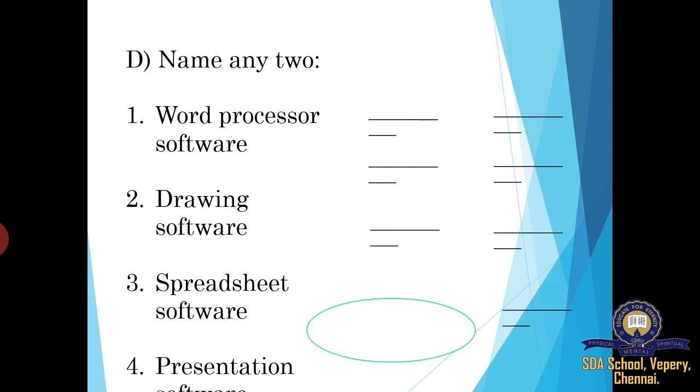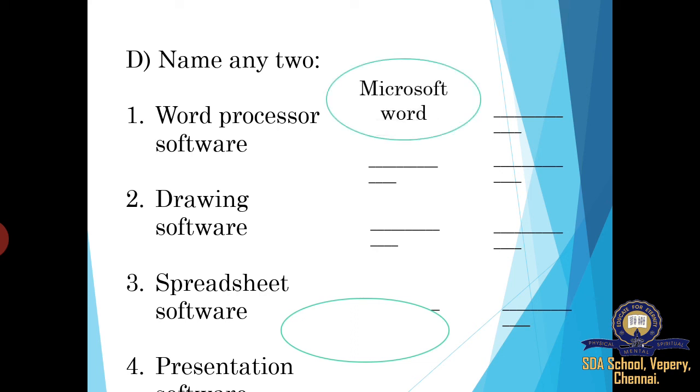Next is name any two. Name any two software. A word processor software: Microsoft Word, OpenOffice Writer. In some schools they use OpenOffice Writer.